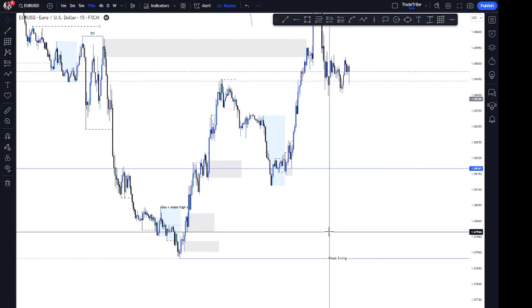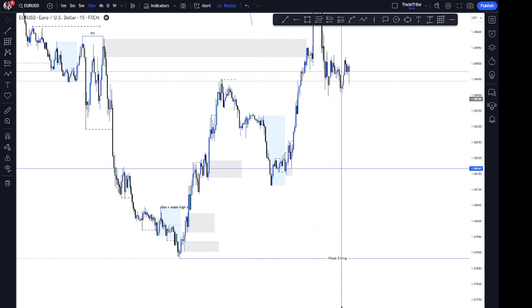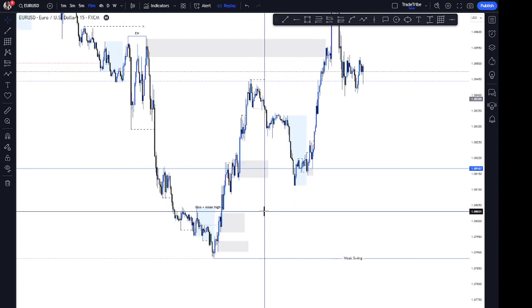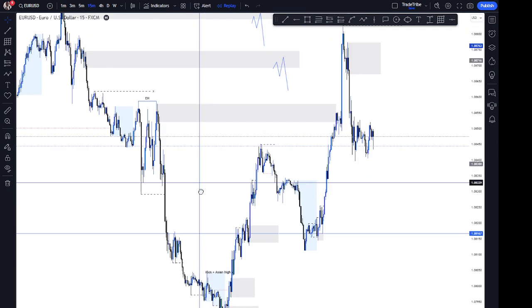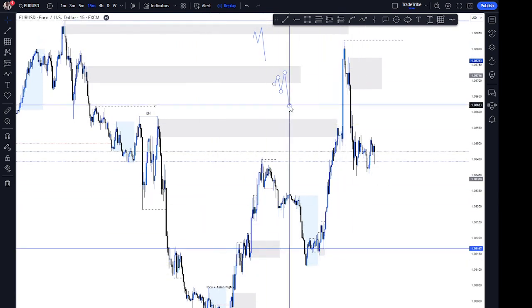Remember I said EURUSD on the daily time frame has a bearish overall direction, like we are bearish on USD. And it's aligning with our H4 and M15.